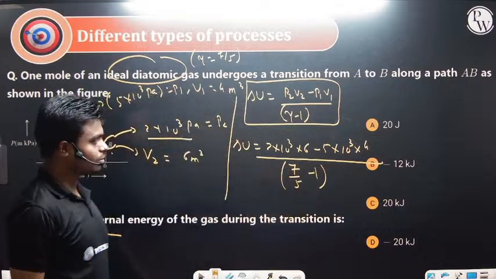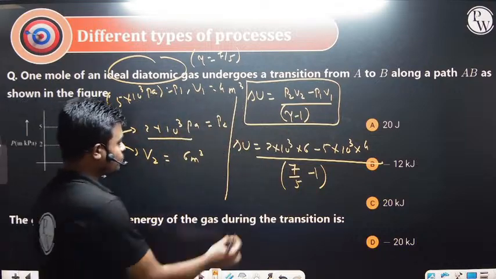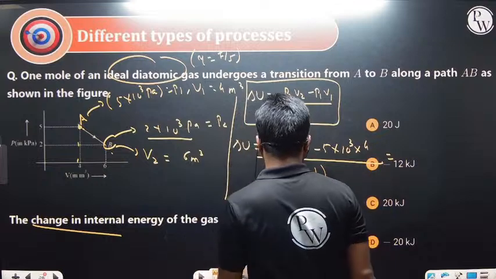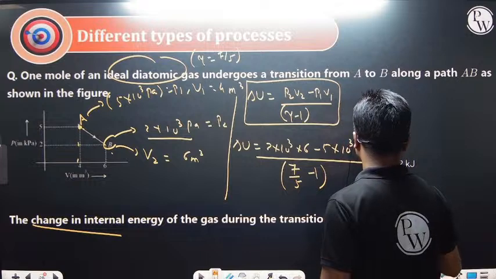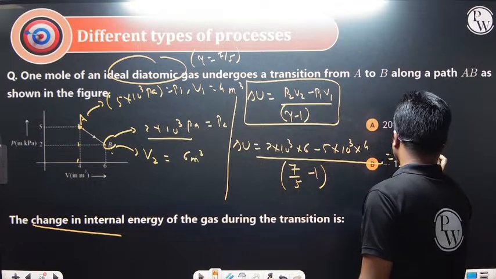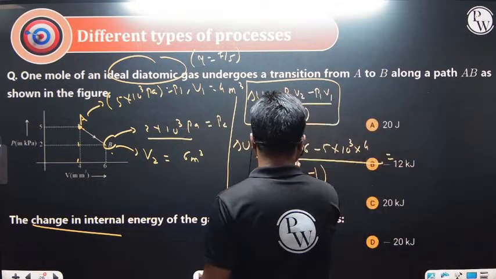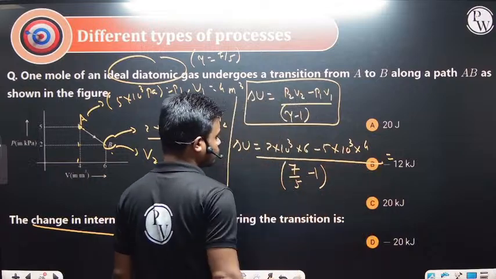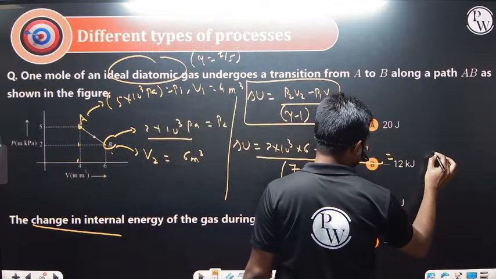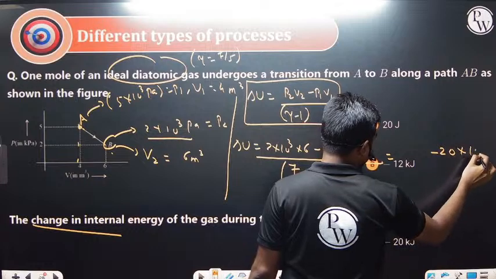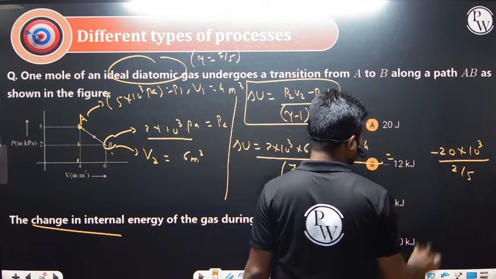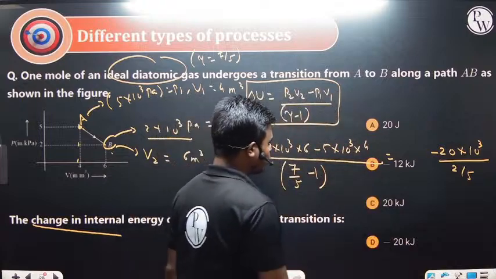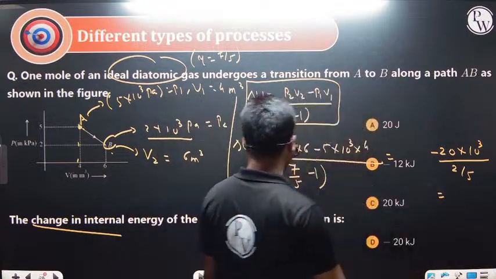Solving this particular case, how much will we be getting? 6 into 2, that is 12 into 10 to the power 3, minus 20 into 10 to the power 3, divided by 2 by 5.